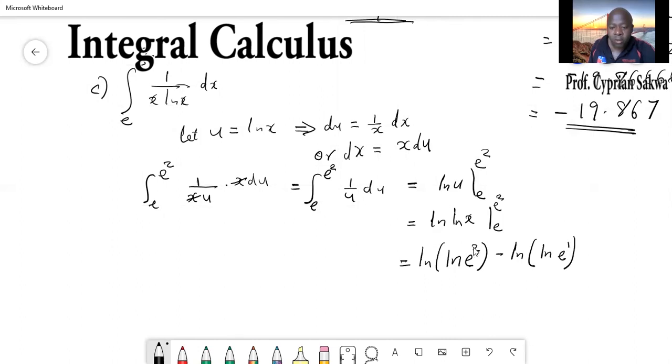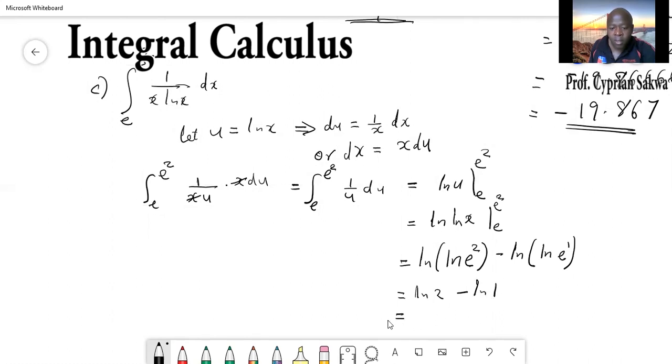Using our laws of logarithm, this will be 2, so what we have here will be ln of 2 minus, and again using the laws of logarithm, this will be 1. So we have ln of 1.